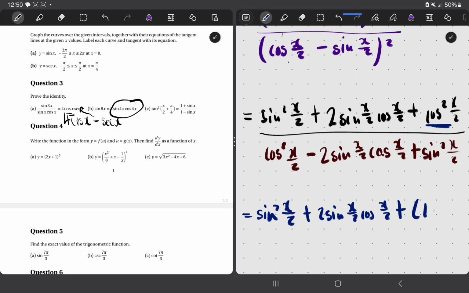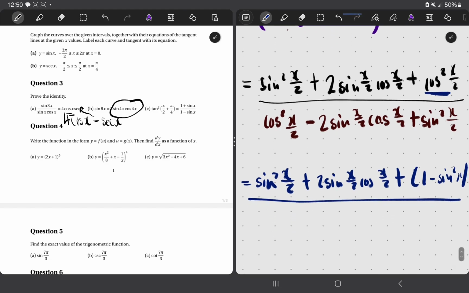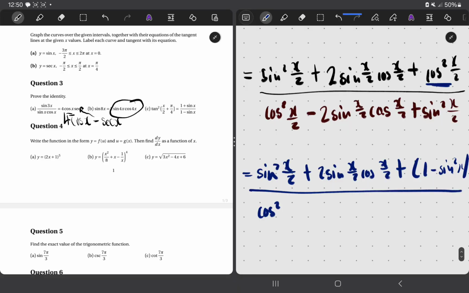So we say plus 1 minus sine squared x over 2, divided by, this is going to be cos squared.